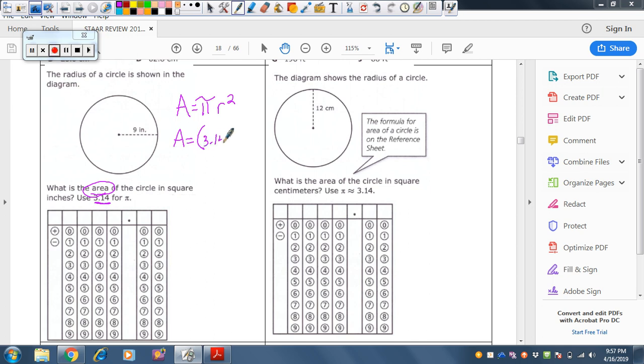Pi is 3.14 and radius is 9. You don't have to do anything crazy. So now you have 3.14 times 81. 9 times 9 is 81. Hit pause, push pause, and then finish solving this problem.